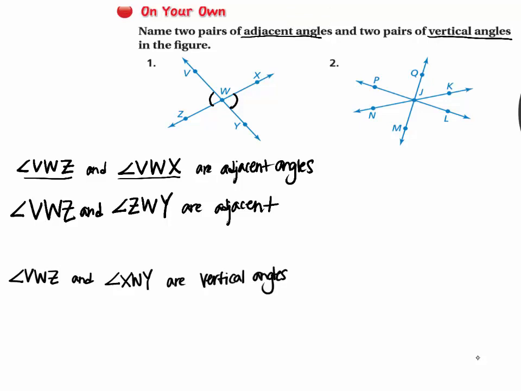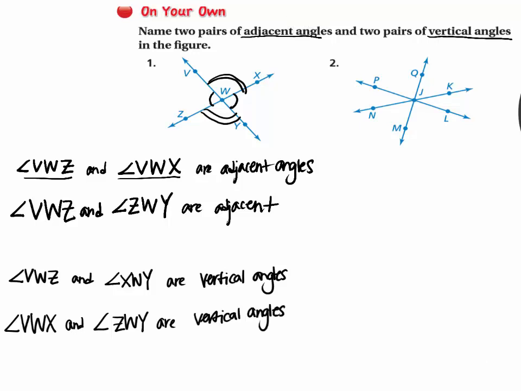We can also say this one and this one, they're vertical, so angle VWX and angle ZWY are vertical angles.